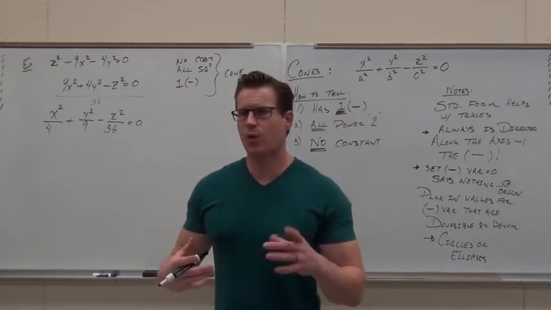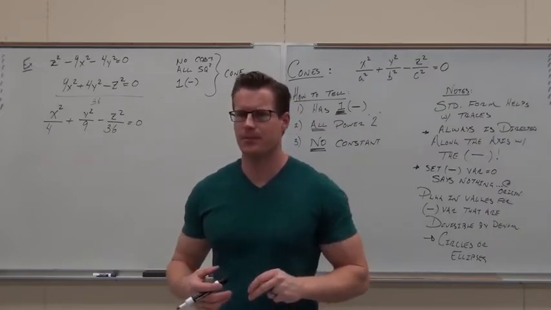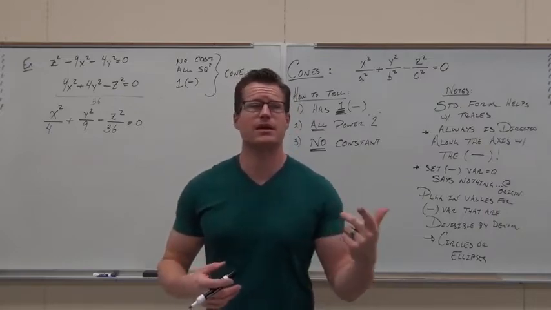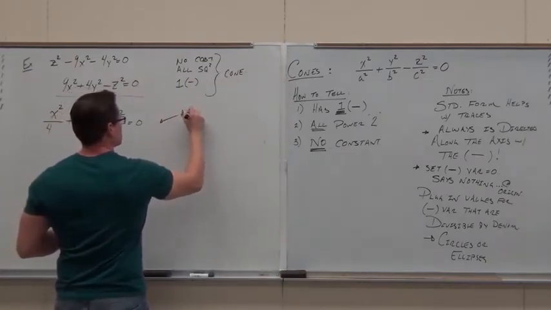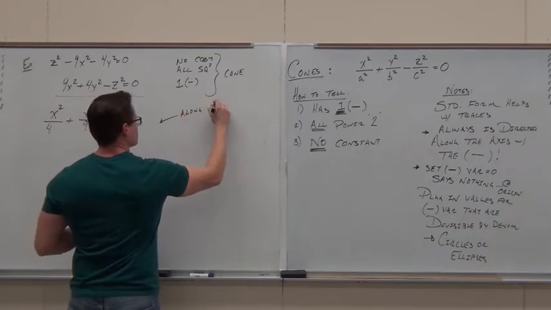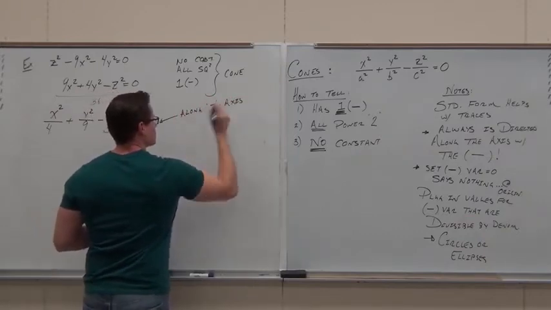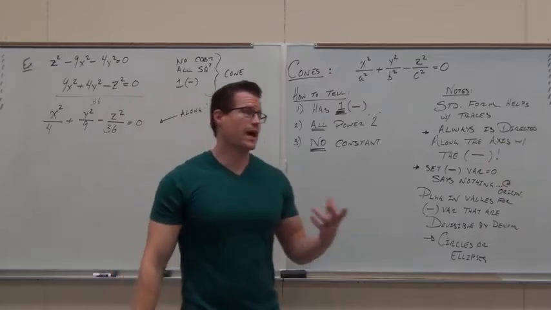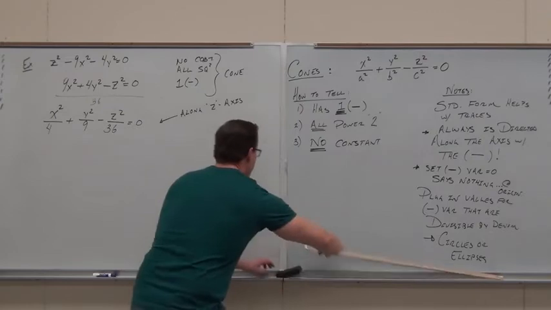I love that. What axis is this cone directed along? Z. Why? How do you know it's directed along the z-axis? The origin acts like a trace, like one trace. It tells us this.